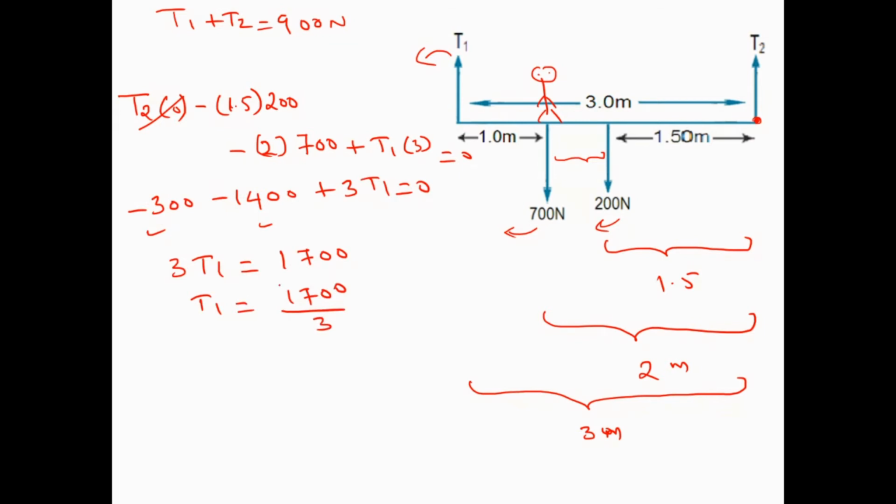So what's the value? 1700 divided by 3, we got 566.67 Newton. Clear? Now I'm going to take this T1 and substitute it in this equation.